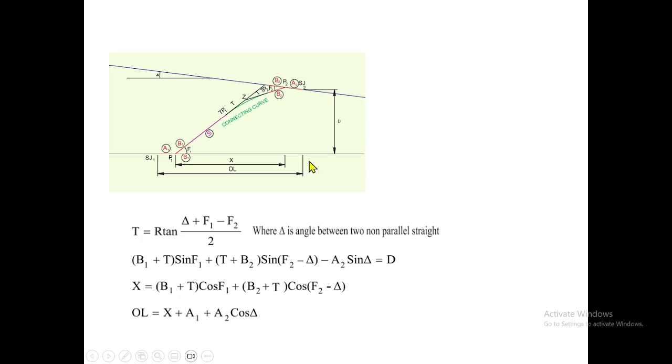Then minus A2 sine delta, minus this height. Up to this we have come, then we have to deduct this height. This will be equal to A2 sine delta. So once we do that, we will be able to get the distance. This will be the minimum distance for performing the connection.